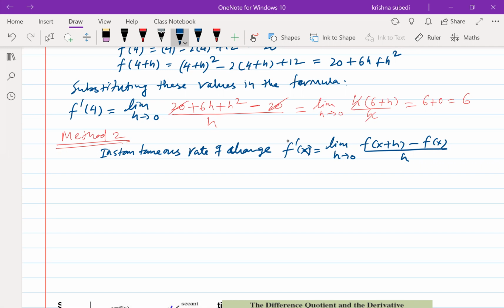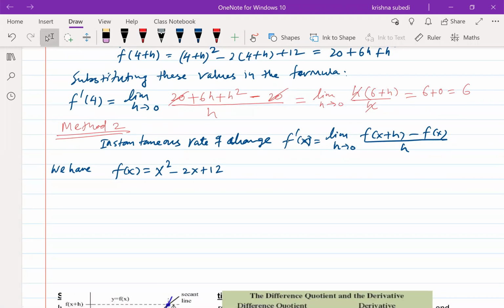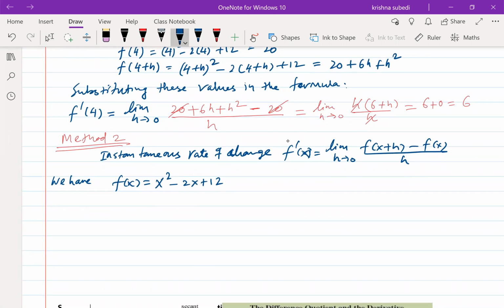Okay. So in this case, again, let me just copy the function here. Our function is f of x equals x squared minus 2x plus 12. As you can see, we need to figure out the value of f of x plus h. Okay, so let us calculate.